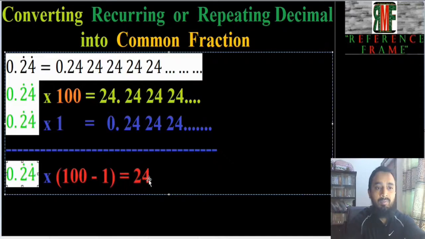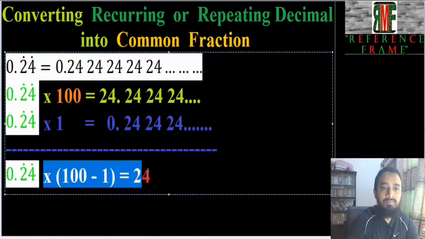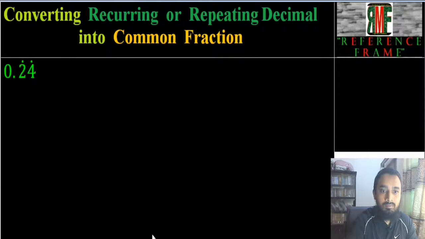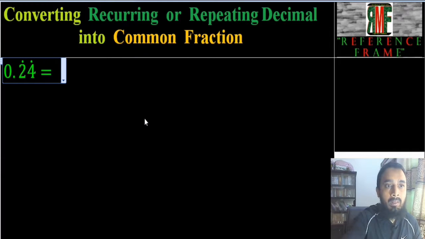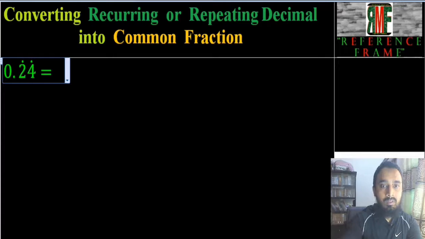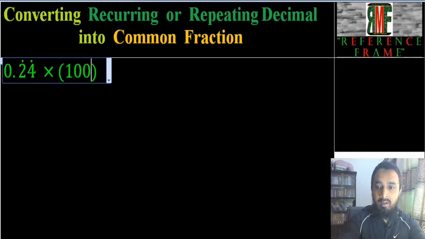So ultimately we can write it: 0.24 multiplied by (100 minus 1) is equal to 24.